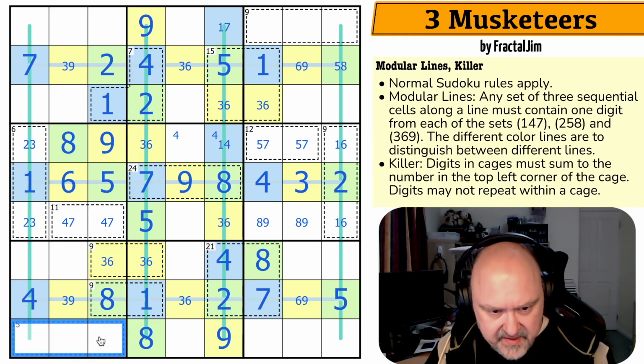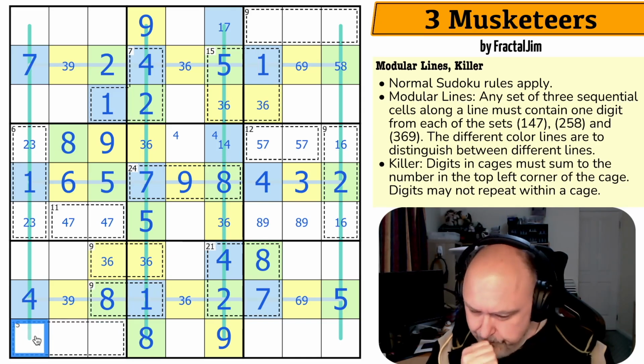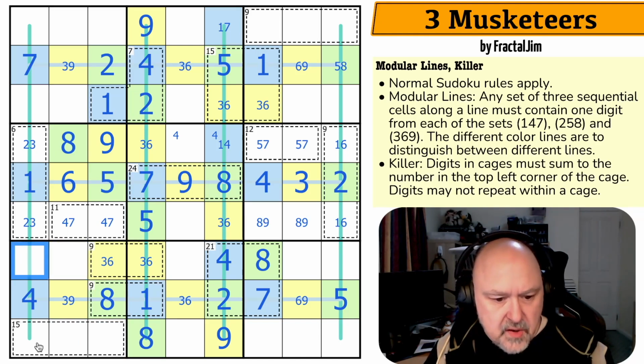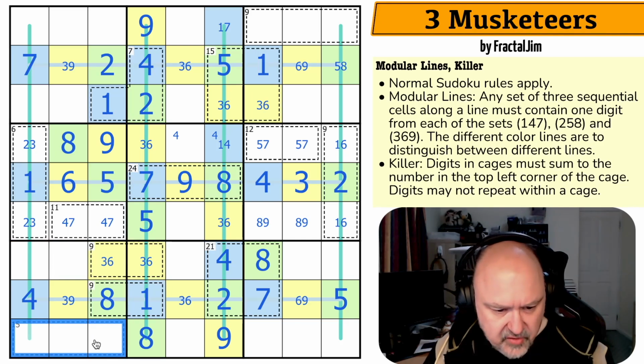This can't be 2, 5, 8 now, so it is one of each modularity. So there's a yellow in here. This can't be blue. That can't be green. There's one of each modularity in here. So there's a yellow, a blue, and a green. So this is a blue and a green, and that can't be a blue. So I could put one of each modularity in here for the reasons I explained earlier.